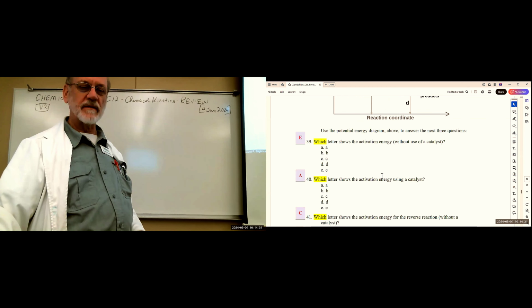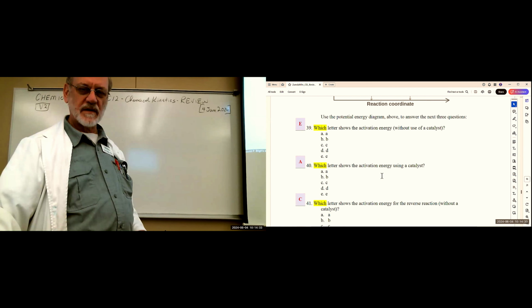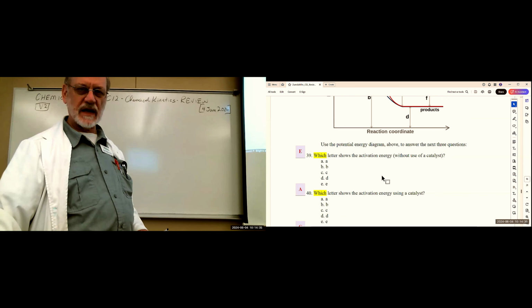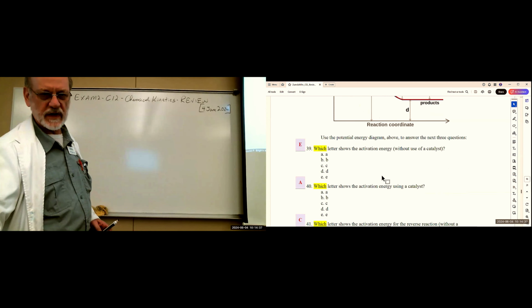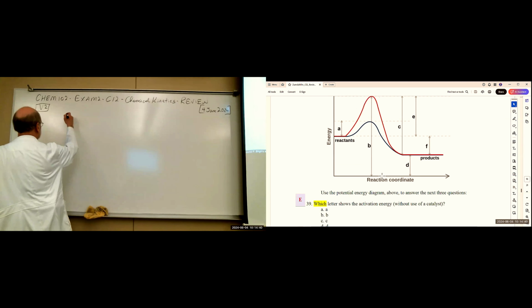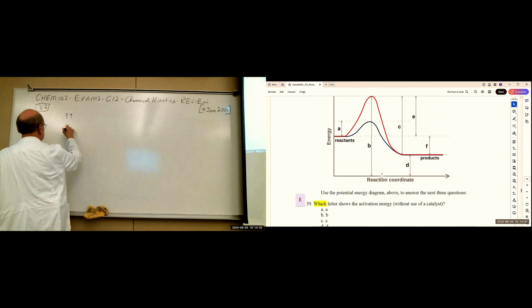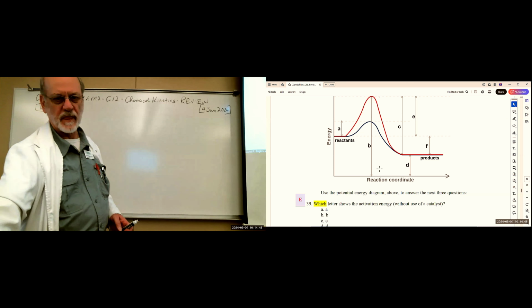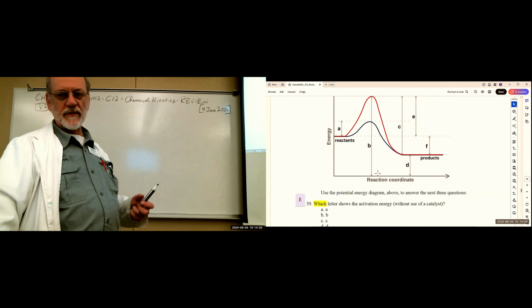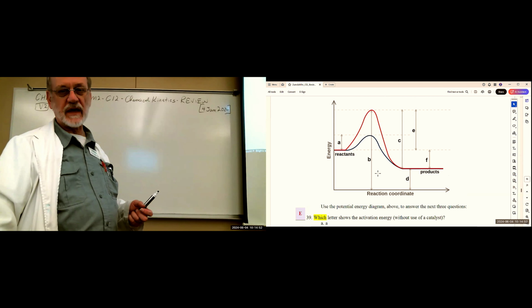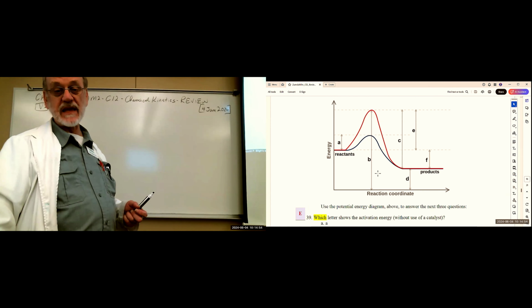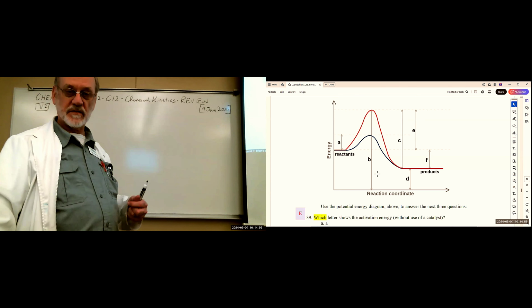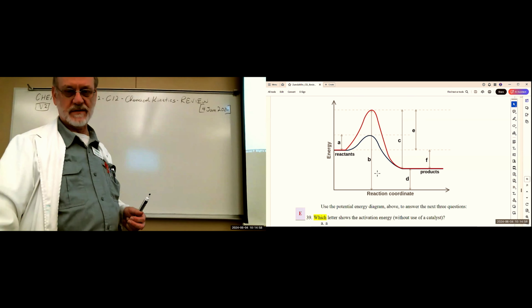Activation energy. Okay. We just do 39, 40, and 41. 39 and 40 should be like the previous one. So without the use of a catalyst, we're looking at E, the span of reactants to the top of the red.